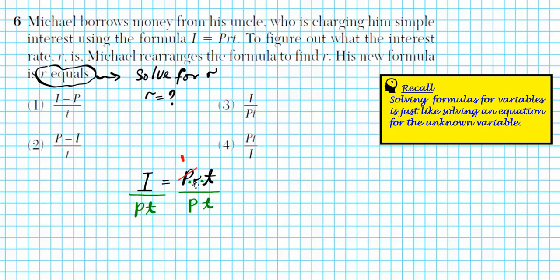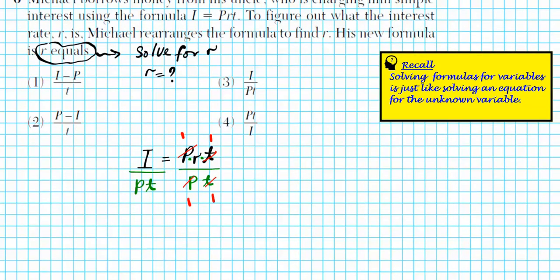The P's divide out. P goes here 1, P goes here 1. T goes here 1, T goes here 1. And you're left with R. R is isolated. Okay, that's the goal. So we have R equals, remember what the question asked, R equals interest, I, divided by principal times time. As you can see, our correct answer is option number 3.